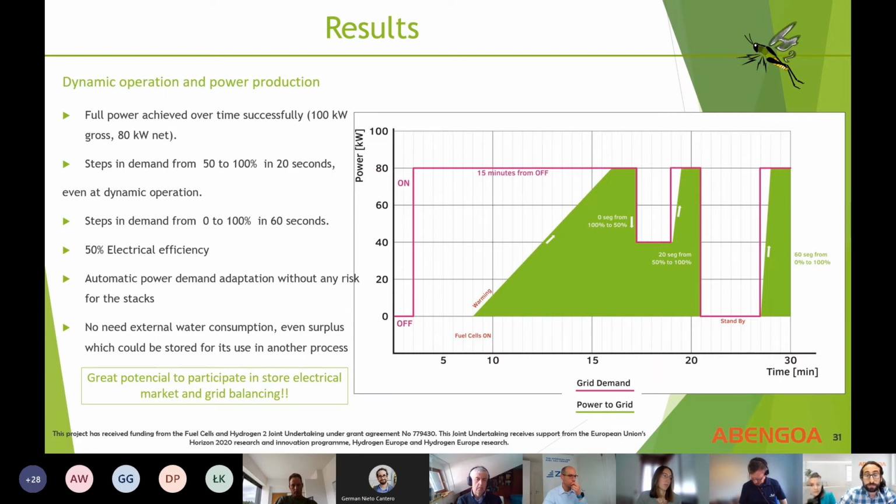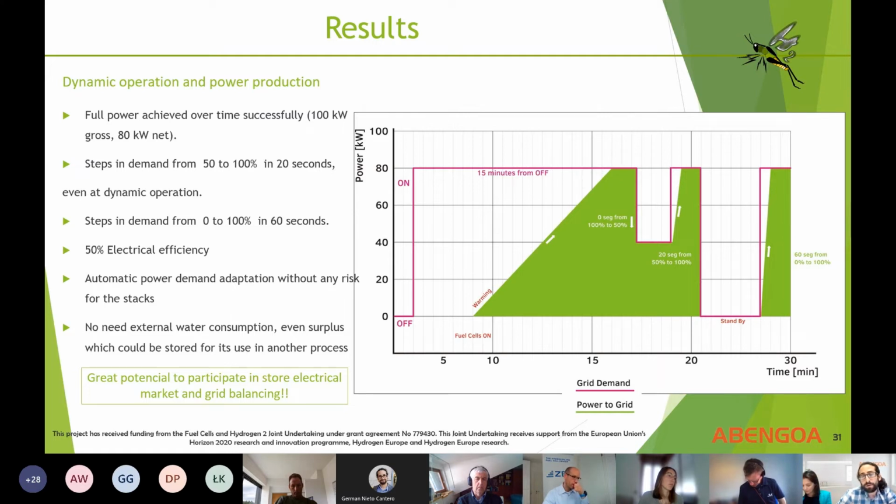You can, for example, see the maximum net power of 80 kilowatt. We have to talk about a pilot plant of 100 kilowatt. That is gross power, so it's the DC power produced by the fuel cell itself, and 80 kilowatt of net power. And you can see, for example, that starting from cold standby, around 15 degrees, we reach maximum power in 15 minutes.